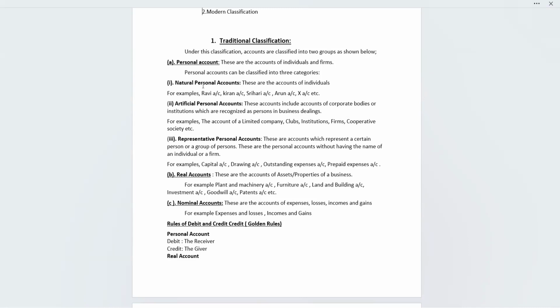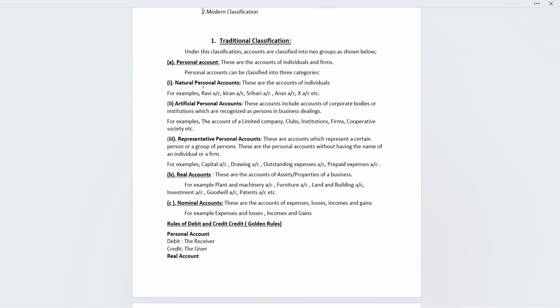So personal accounts are the accounts of individuals and firms. Again, the personal account can be classified into three categories. First one is the natural personal account.